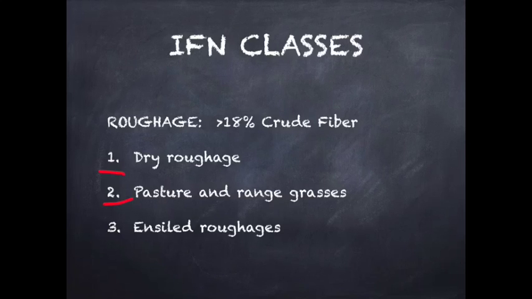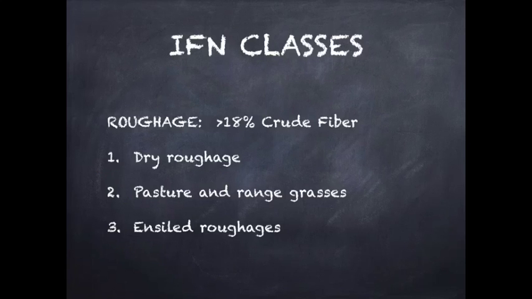So the irrigated pasture out at the university farm, or when you see cattle grazing rangelands driving up and down Northern California, those are all category 2 for the IFN system. Category 3 is ensiled roughages, which could include silage and haylage.